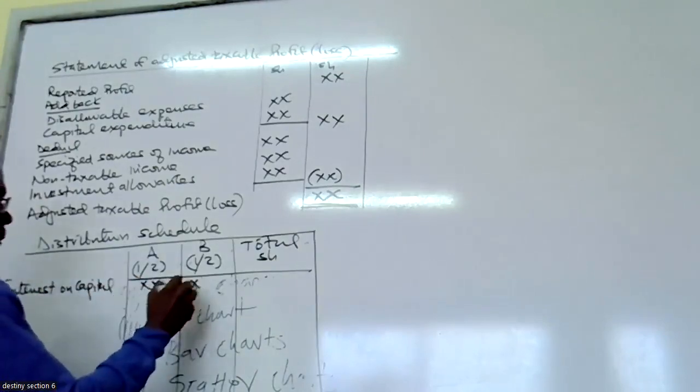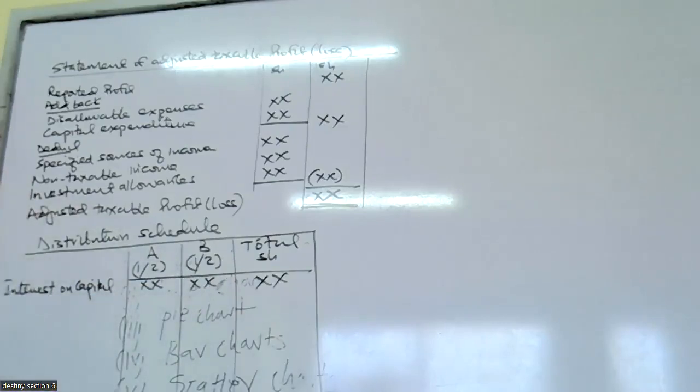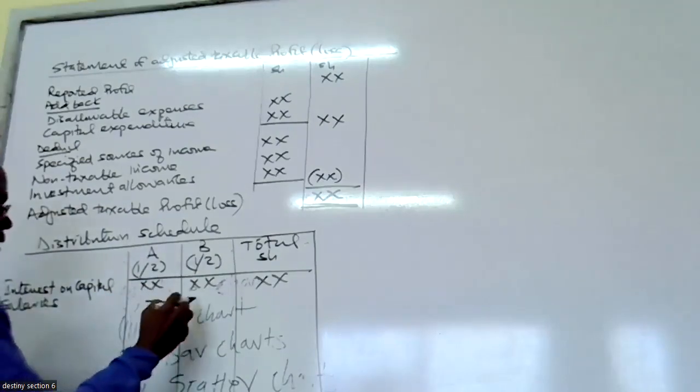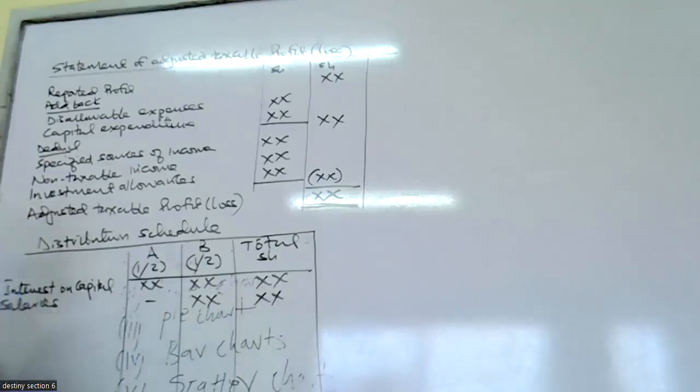So interest on capital with the partner, then you add the total. Then we have salaries. We said assume that only B got salaries. So salaries for B, and the total is that. Then we have interest on drawings.